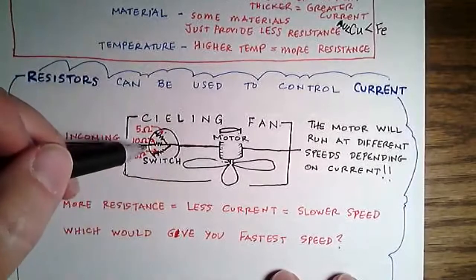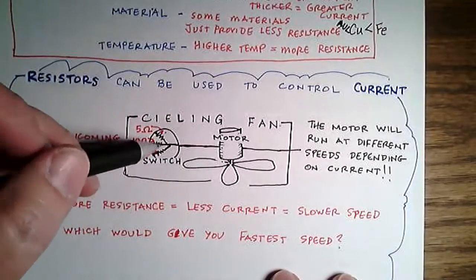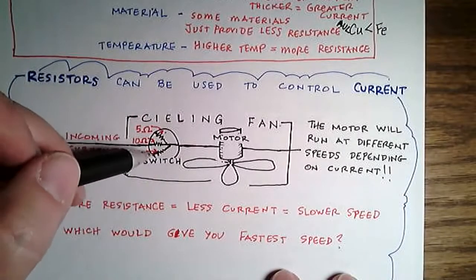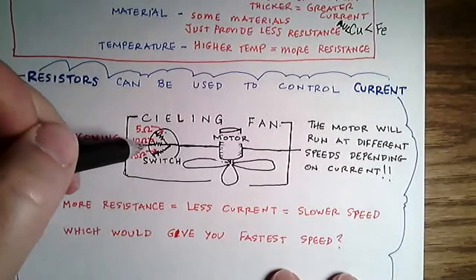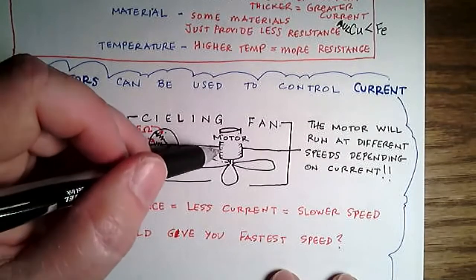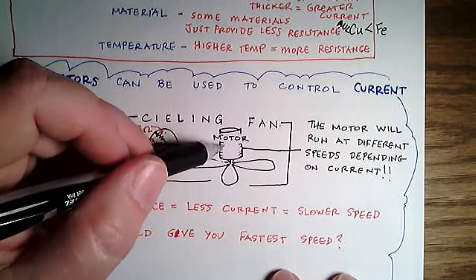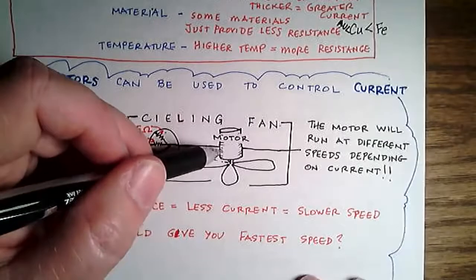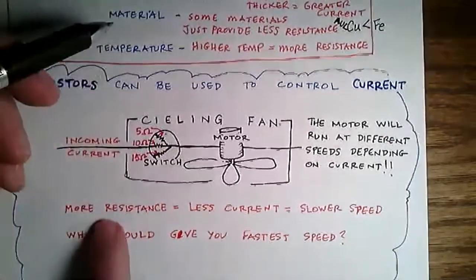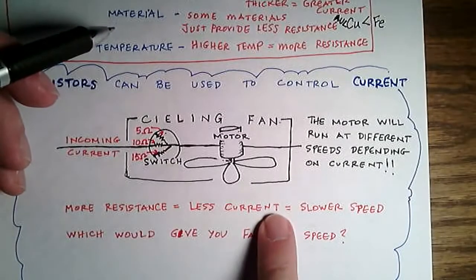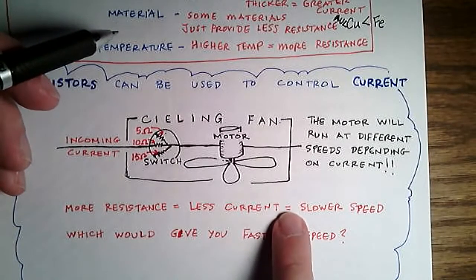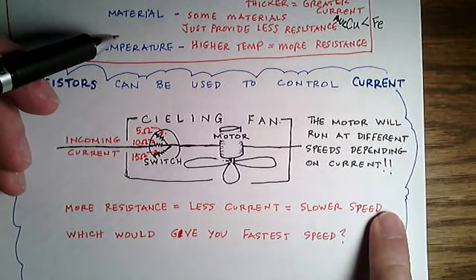On the other hand, if the 15's in line here, I'm going to get more resistance to that flow of current. More resistance to the flow means less current. Less current means slower speed. So I'm saying right here, the more resistance you get, the less current you're going to get. And the less current you're going to get, the slower the speed's going to be.